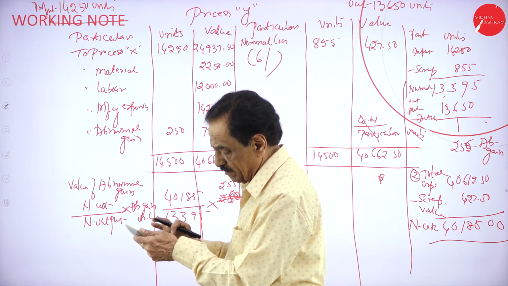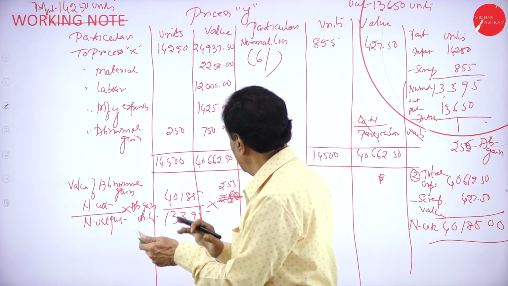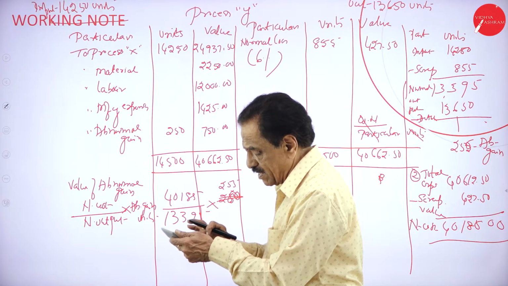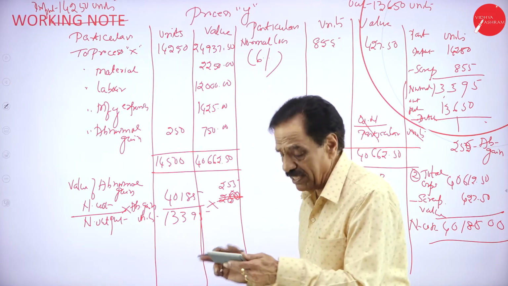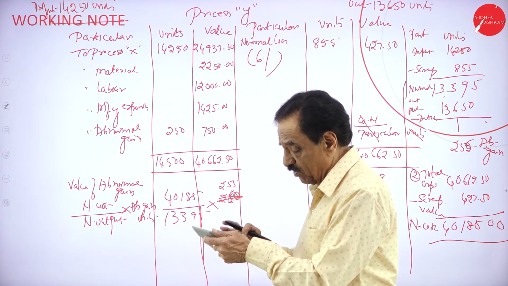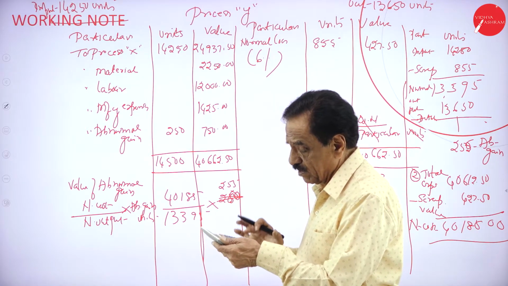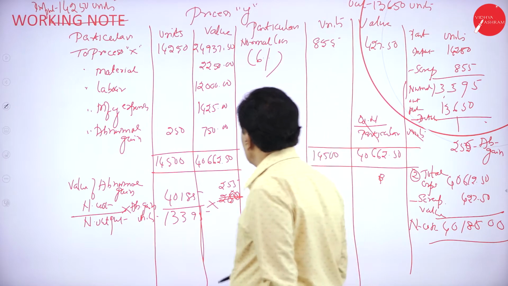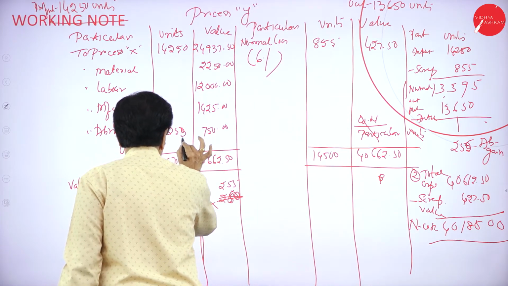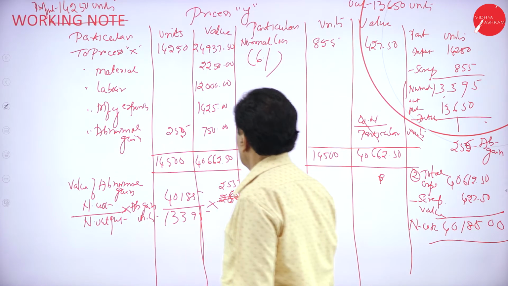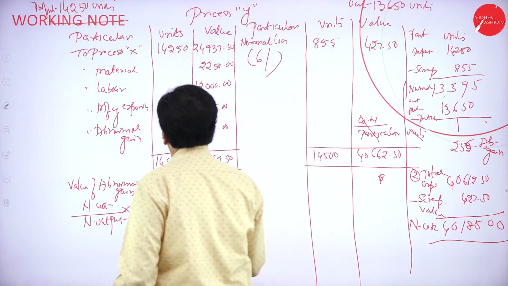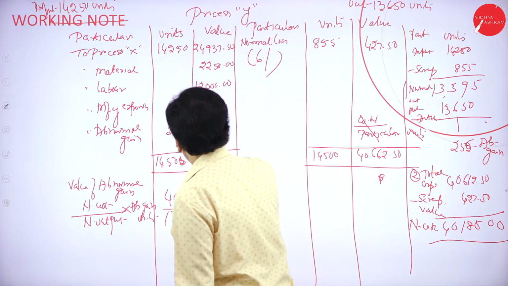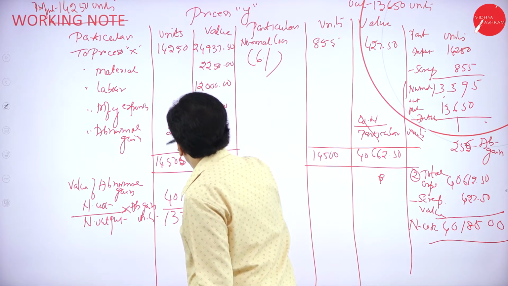40,185 divided by 13,395. I will explain into 255, 765. So 255. So 14,250. This is 5. 5 plus 5, 10. 1 plus 3, 2, 5, 4.